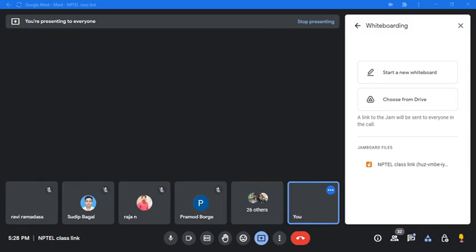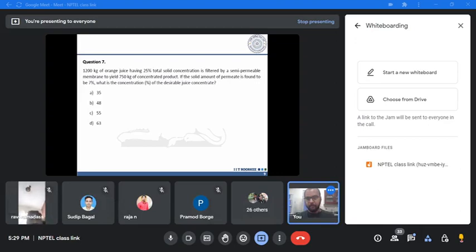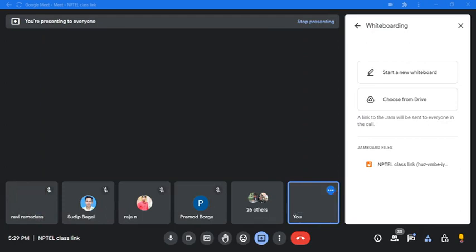Okay, so then solid concentration in permeate minus solid concentration in feed. Okay, so this will be the solid concentration in the return rate.